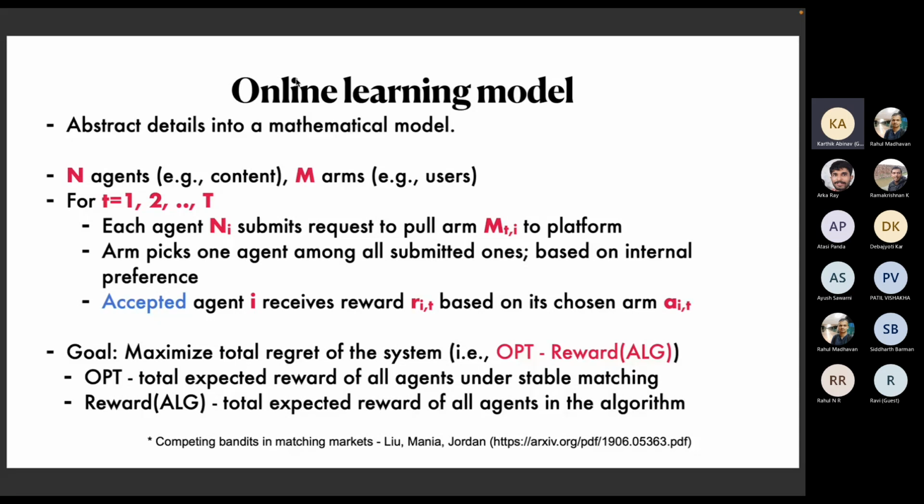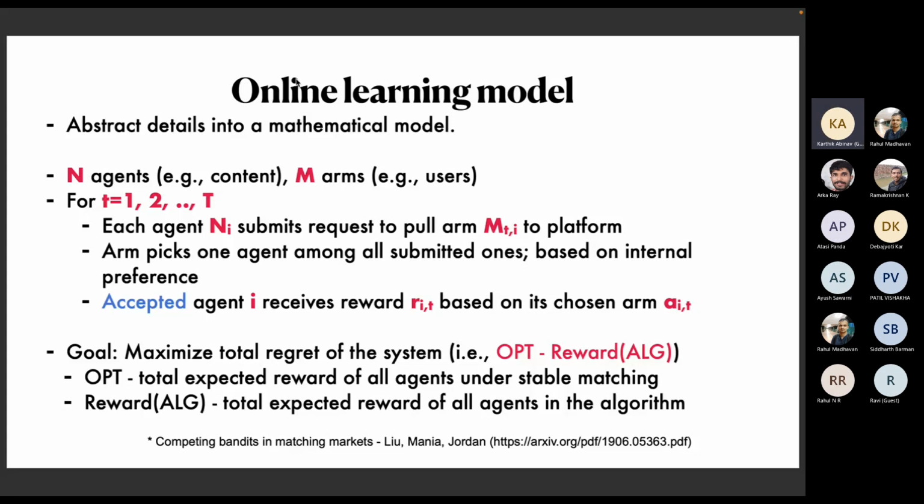After T steps, each of the agents would have received some certain set of rewards, and then you sum up over all agents the total reward that they got. And similarly, you sum up the expected reward that all agents will get in a stable matching. Because agents have preferences over the arms and arms have preferences over the agents, you can construct a stable matching, which is like an equilibrium for this system.